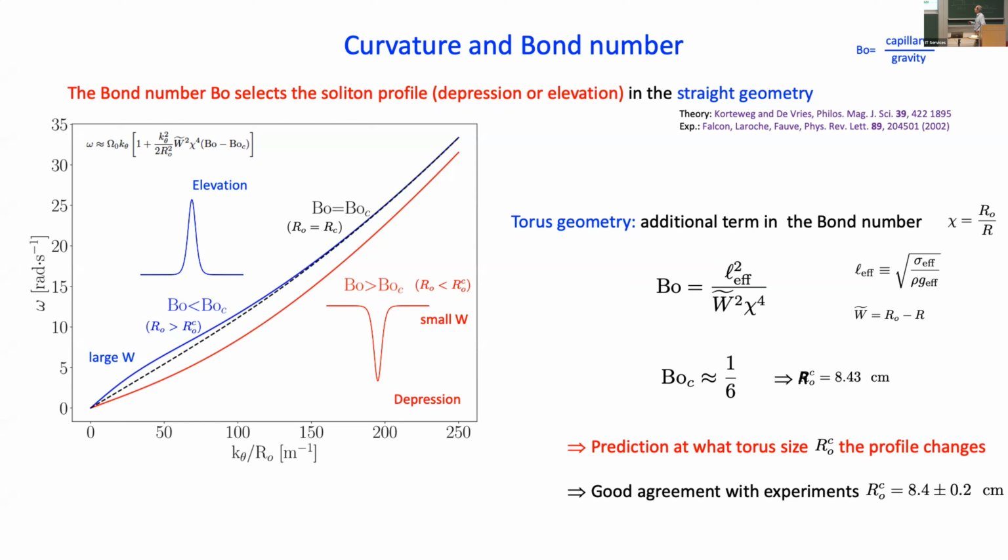And if you insert this value here, you can predict the torus size at which the profile has to change. And indeed, we find experimentally that the elevation soliton and the depression one change when the radius of the torus is like that. So it's in good agreement also.